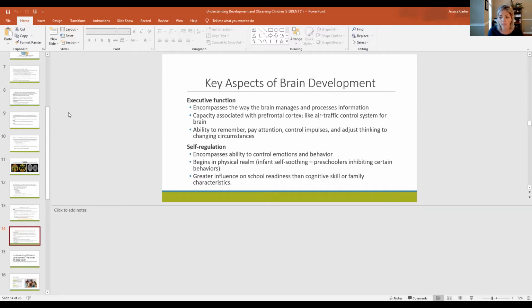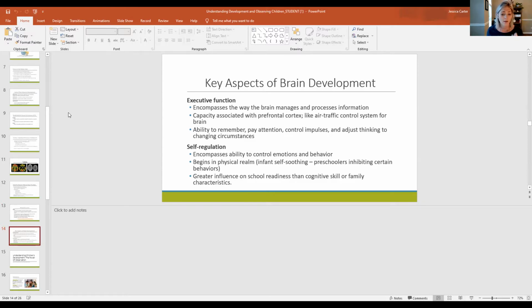It begins in the physical realm, and it's very related to executive functioning. Infants learning how to soothe themselves, how to calm themselves down from crying, is based on their caregiver interaction.